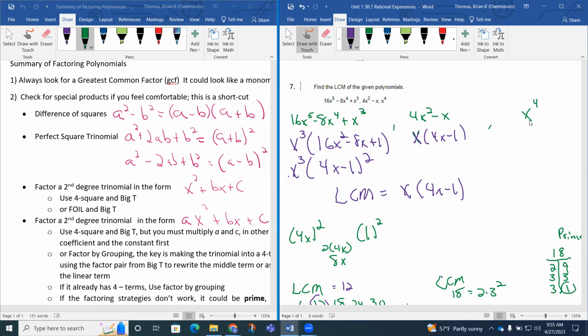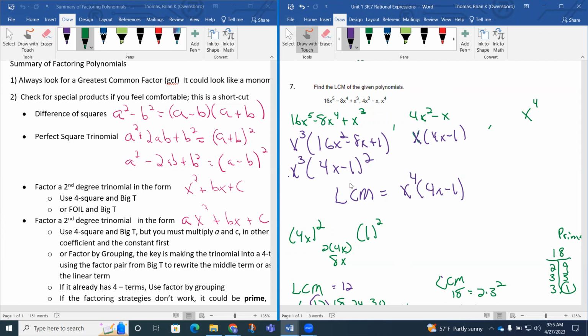So again, I have to use the x to the 4th because this is the first multiple of this monomial, if it was x to the 4th. So I have to choose the biggest exponent because I need all this. So I don't need x cubed, x, and x to the 4th. I just need the maximum number of x to the 4th that are present. So 3, 1, 4. I need 4 as my exponent there.